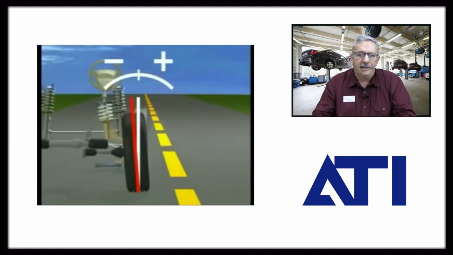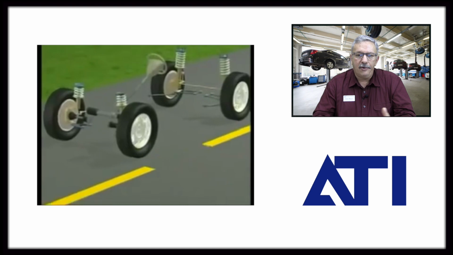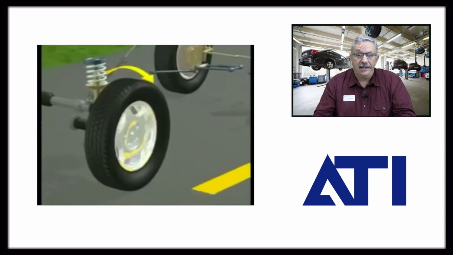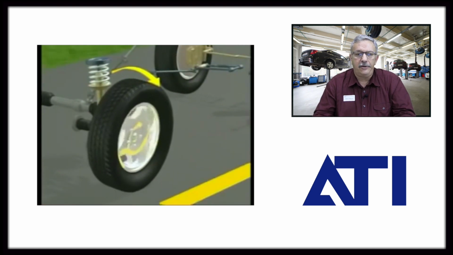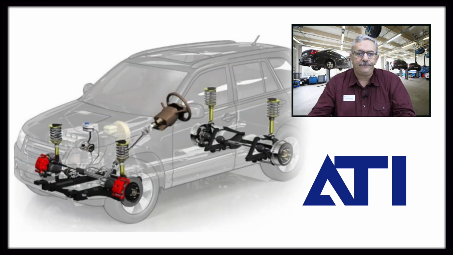But the standard things that you would look at, like toe, caster, camber, change in the degree of measurements that we'd use, but they're the same measurements we use from one system to the other.